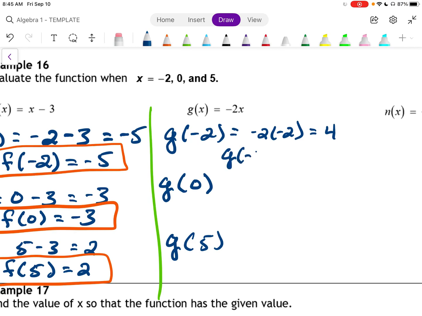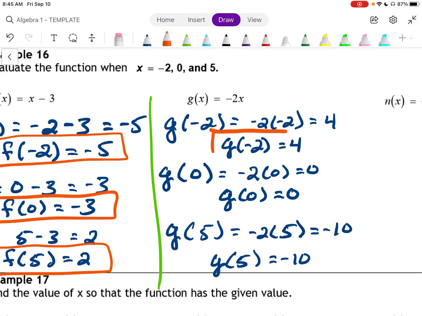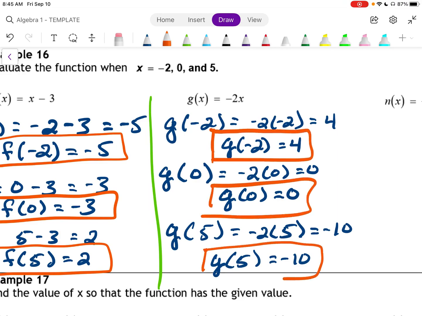So g of -2 is 4. For 0, I plug in and I have -2 times 0, which is 0. So g of 0 is 0. For 5, I'm going to have -2 times 5, which is -10. So g of 5 is -10. Circling my answers. There we are.